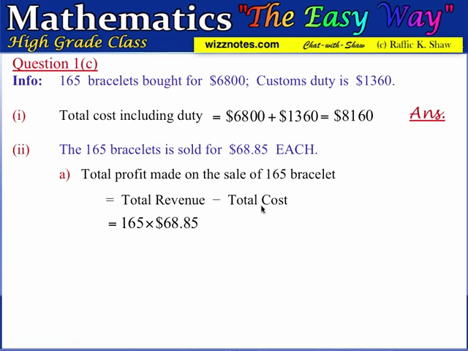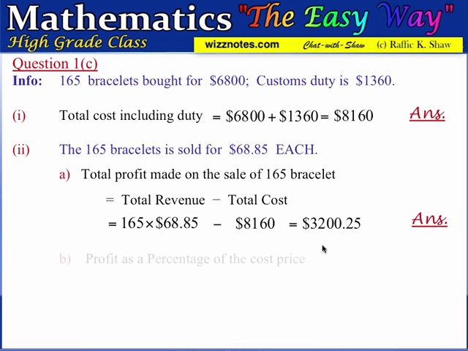And then we can subtract the total cost. This was the total cost paid for the 165 bracelets. And so that's the calculation to find the total profit. And so the result there is $3,200.25. That's the total profit from the sales of the 165 bracelets.